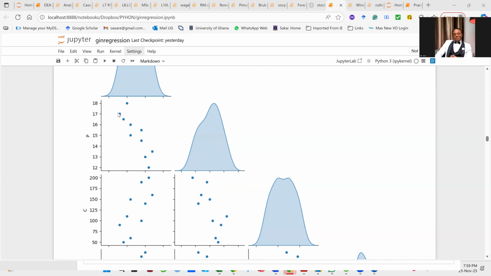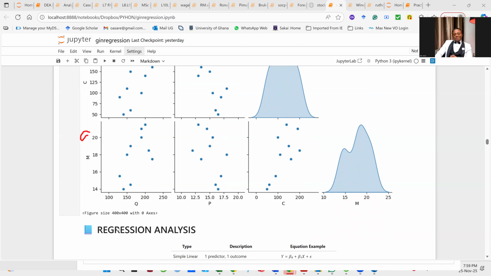And so you have to look for price. Where is price? This is price. Okay. Where is quantity? You come down here, and this is quantity.